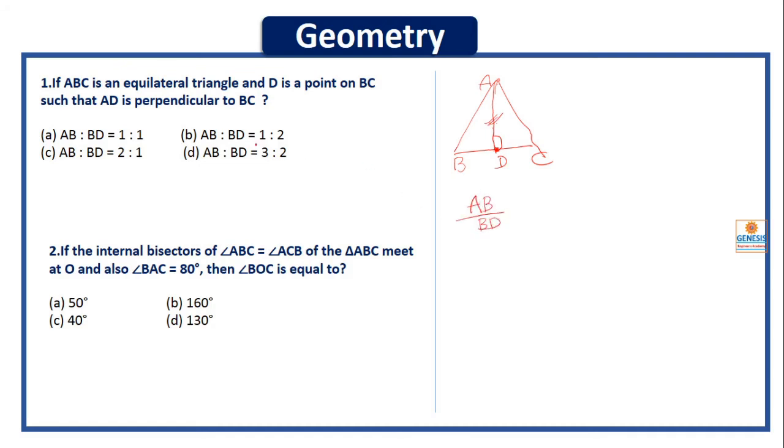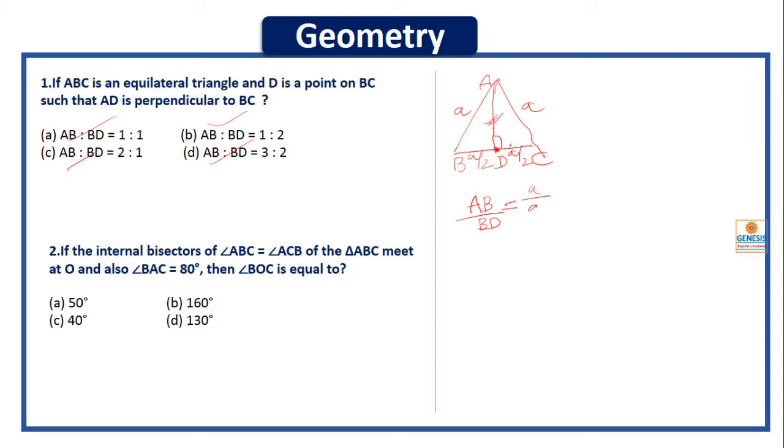What is AB? You take this as A, this also A, and this is half, the perpendicular bisector, half. So what is BD? This is also half.